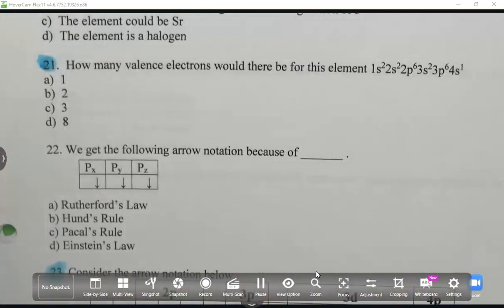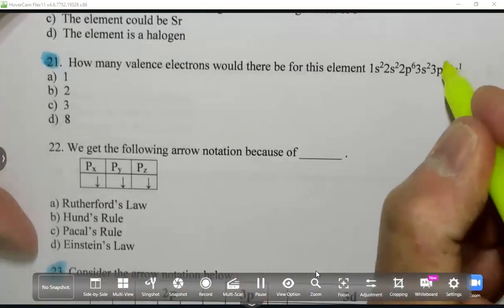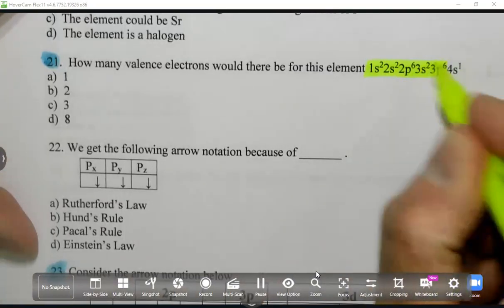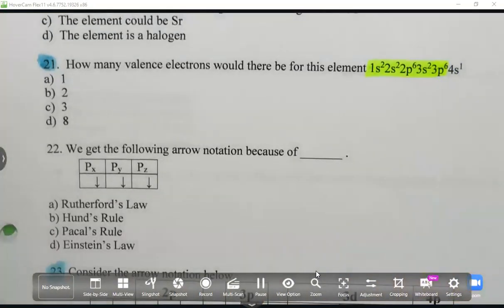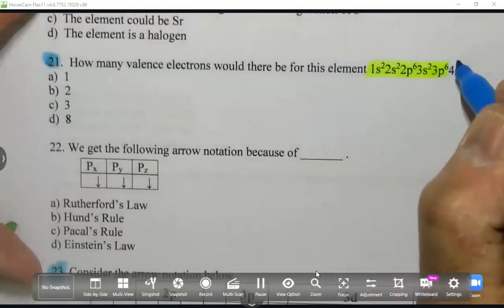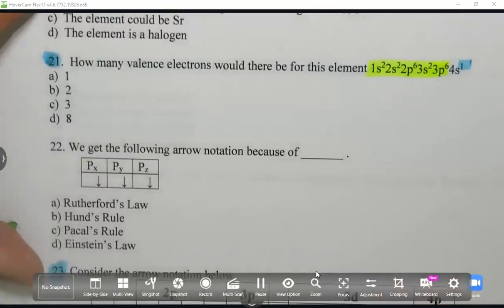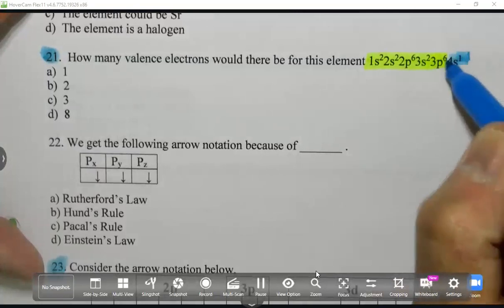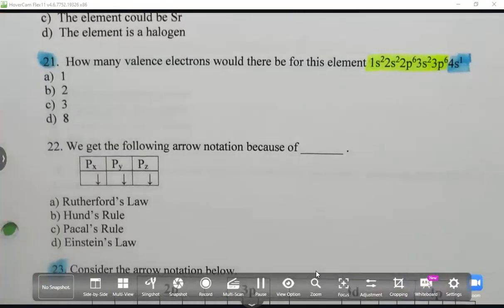So this that I'm going to highlight in yellow, we call the core electrons. But we got to level 4. This is my valence electron right there. Level 4, this has 1 valence electron.